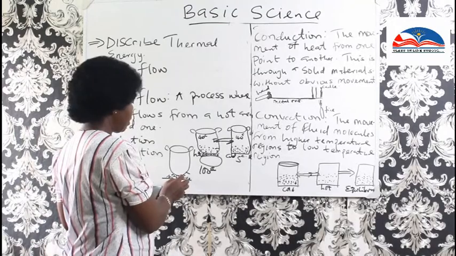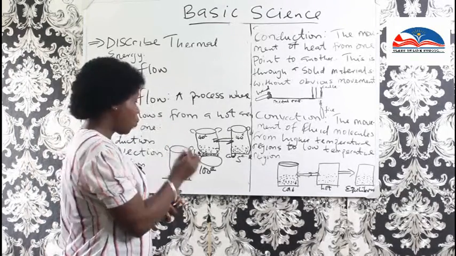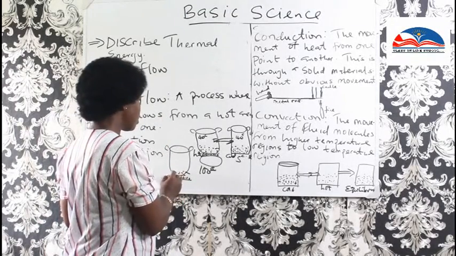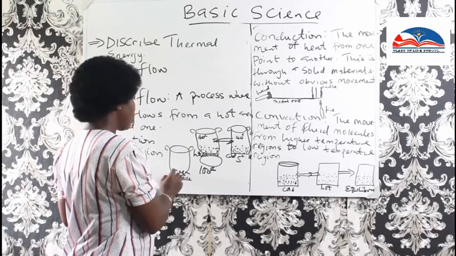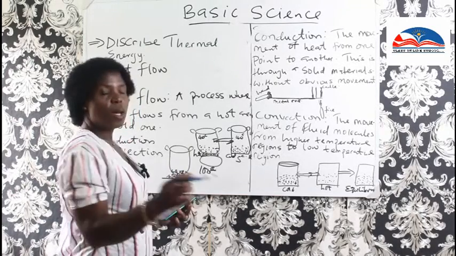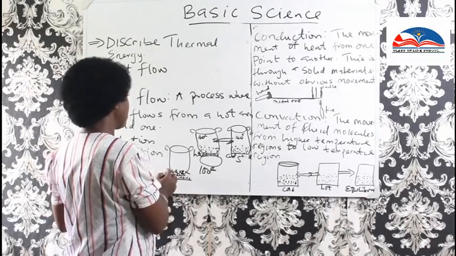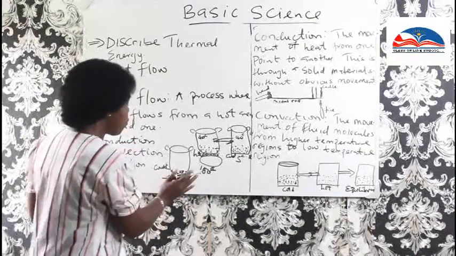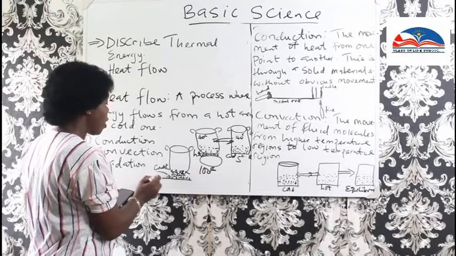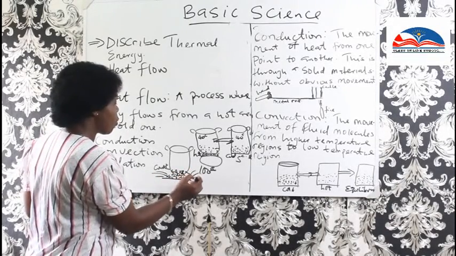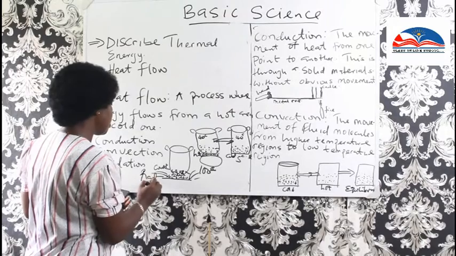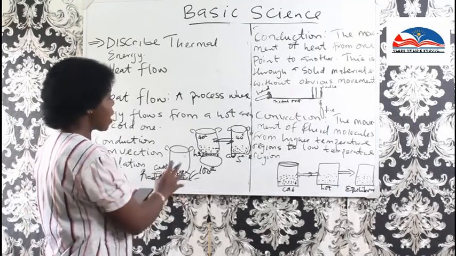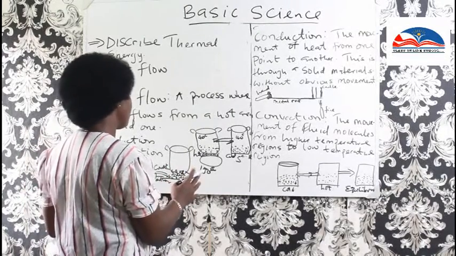Then the heat, which hits the molecules, is the convection. And then if you place your hand near the fire, you will have a radiation that will touch you. This is the radiation. So you can use this to explain the three of them.